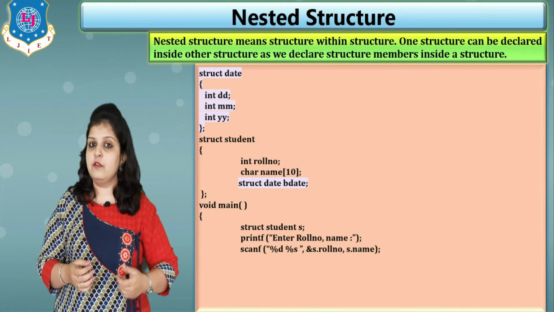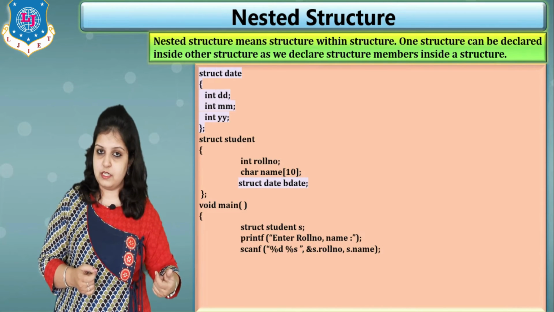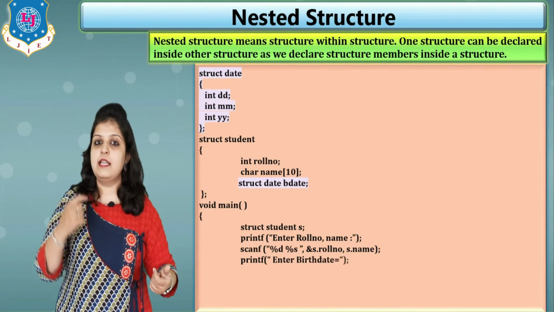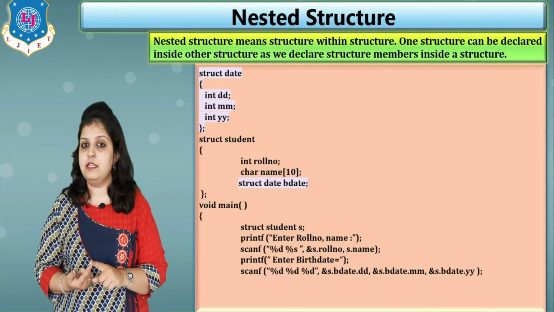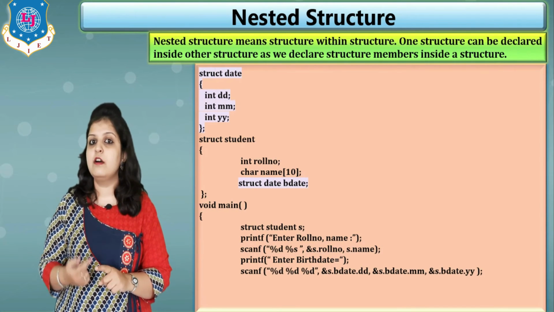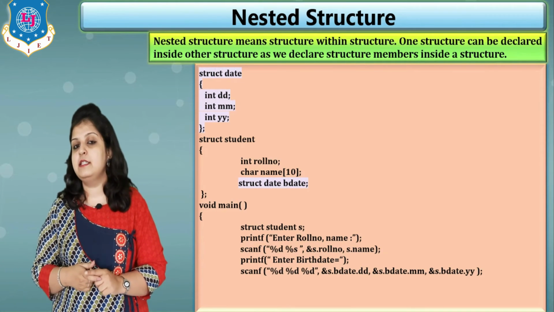So first we have to use our student structure variable, that is s, then the dot operator, then bdate. bdate is a structure variable for our date structure, and then after that its member, that is dd.